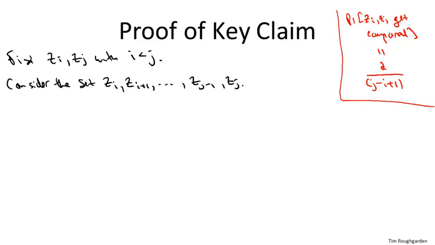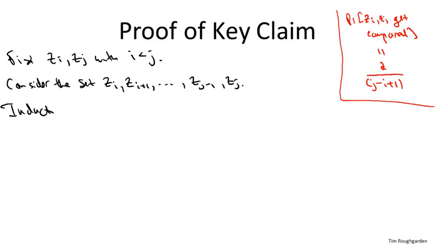So for example, the third, fourth, fifth, sixth, and seventh smallest elements in the input array, wherever they may be. And of course, the initial array is not sorted, so there's no reason to believe that these j minus i plus 1 elements are contiguous. They're scattered throughout the input array, but we're going to think about them: zi through zj inclusive.